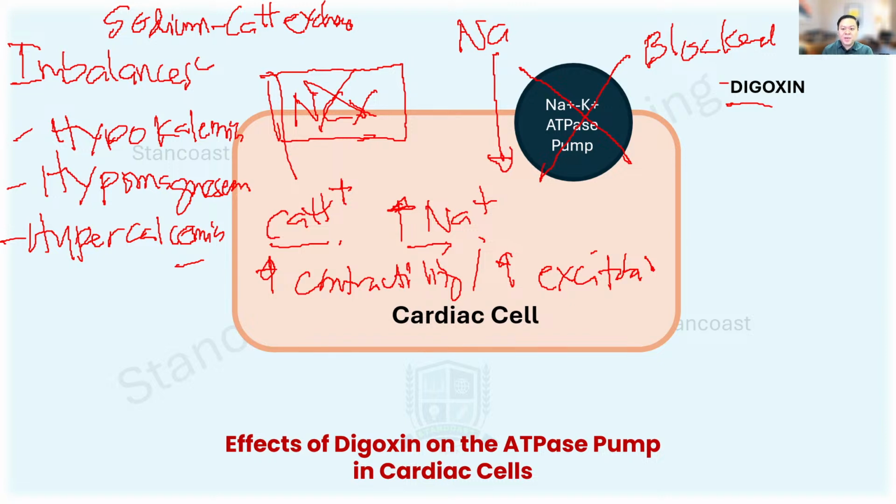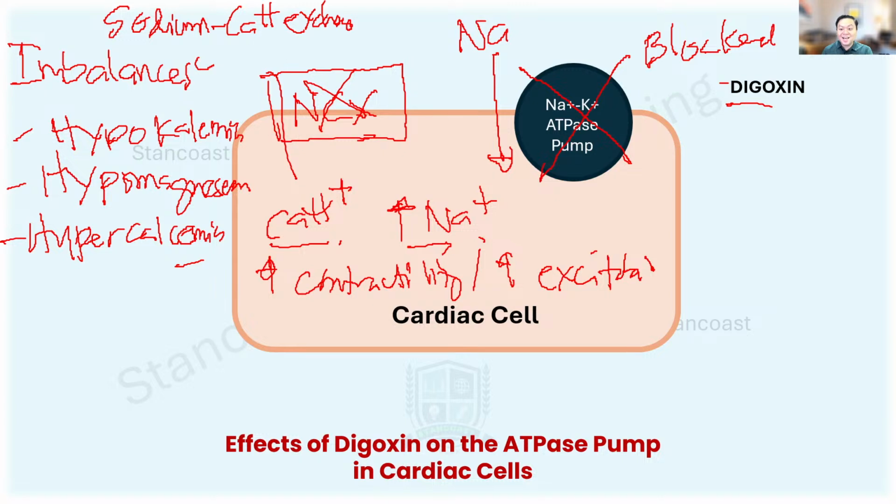Now, the patient will develop cardiac dysrhythmia, especially if your patient has hypokalemia, because as we know, the ATPase pump is supposed to allow the exit of the sodium ions out of the cell, while it will allow the entry of the potassium ions into the cell. But this is already blocked by the digoxin.